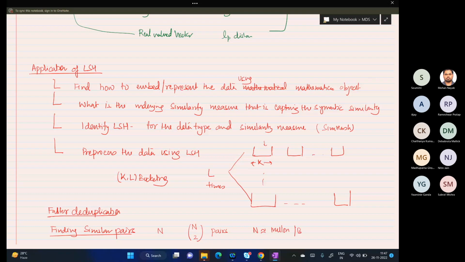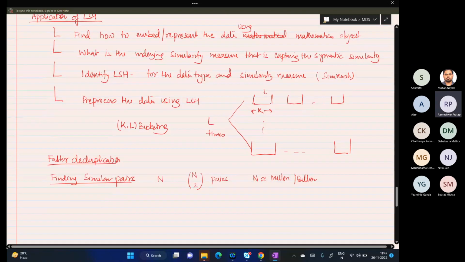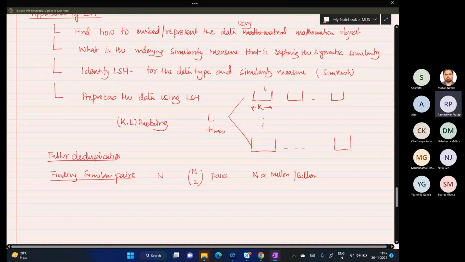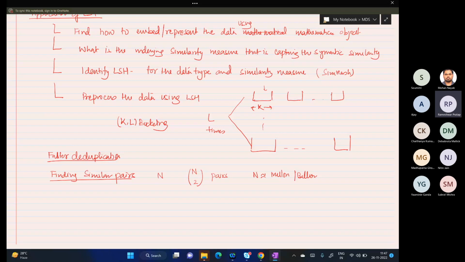But using this KL bucketing scheme, there are not a very large number of points mapped into each bucket.